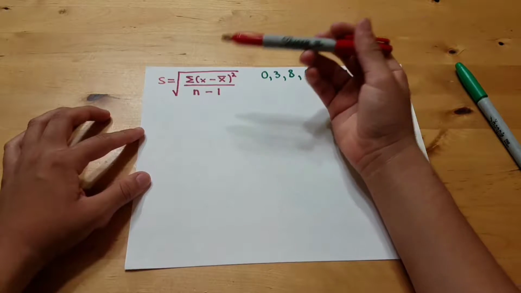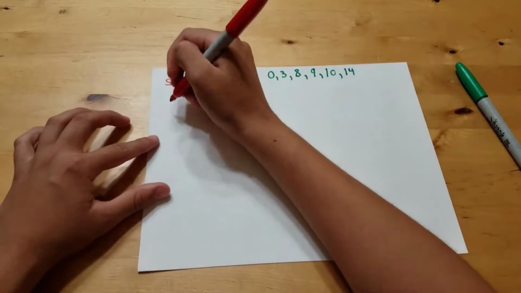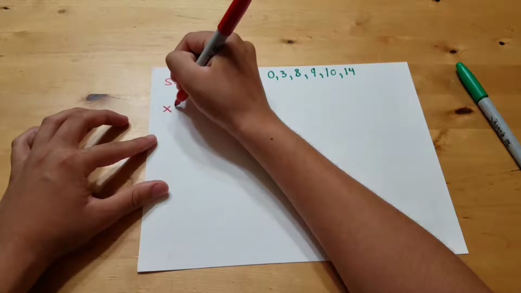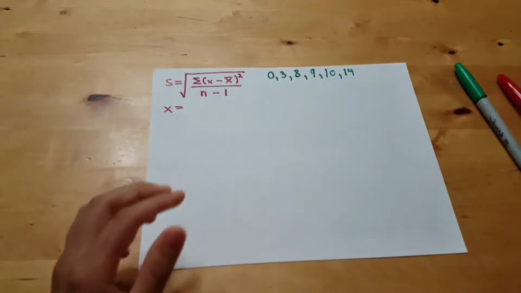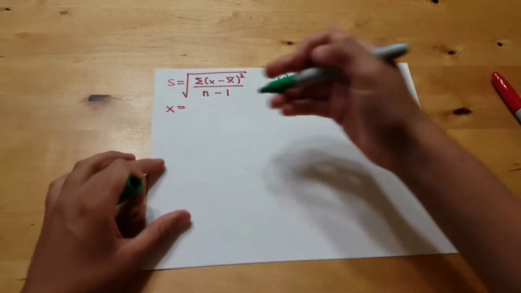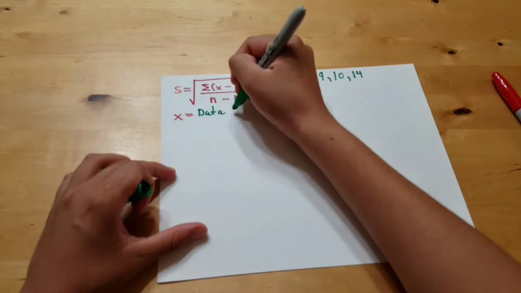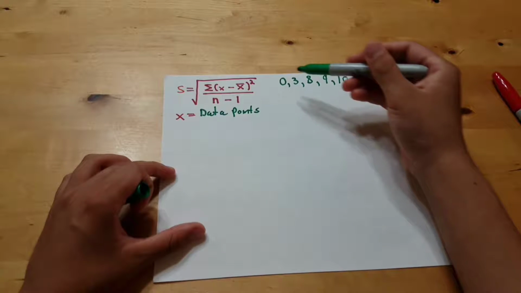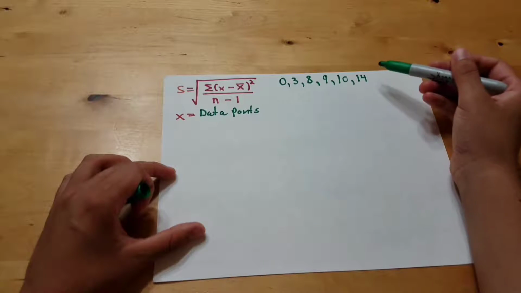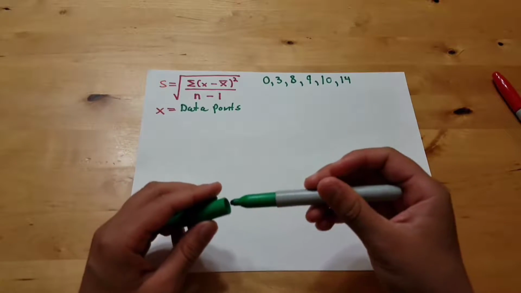The parts that you do have to worry about are the X. X basically means the data points. So data points would be 0, 3, 8, 9, 10, 14. I'll go into more detail with that later on.